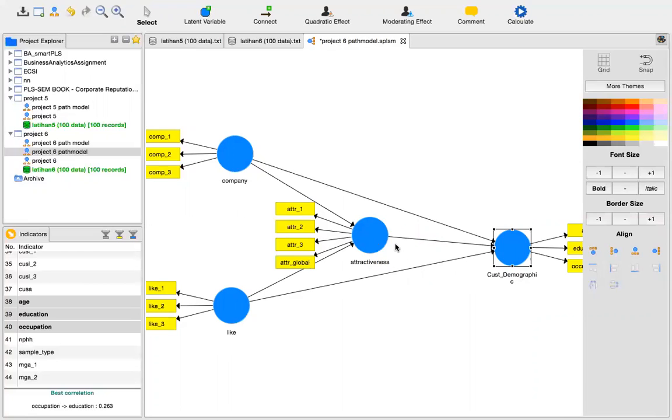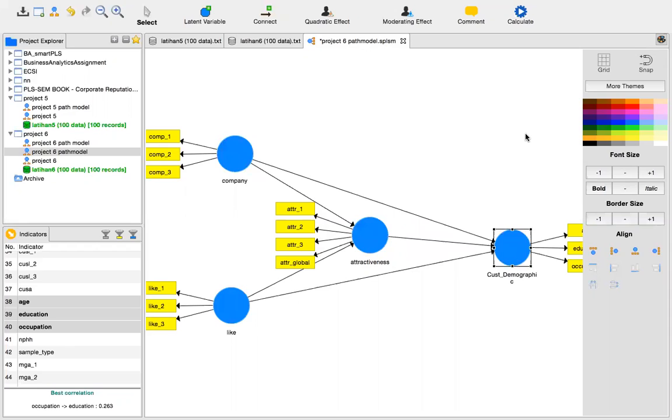Before, the color is red, and now it changes to blue once it interlinks and connects to one another. The arrows represent the directional relationship between all the variables.